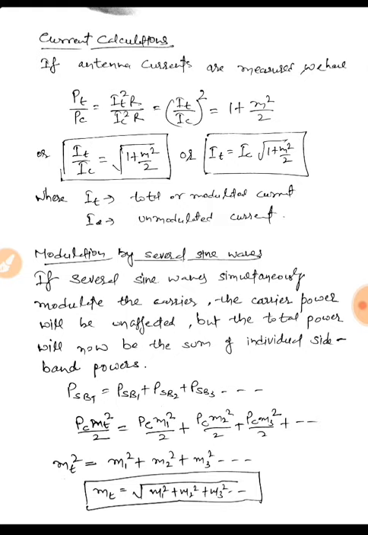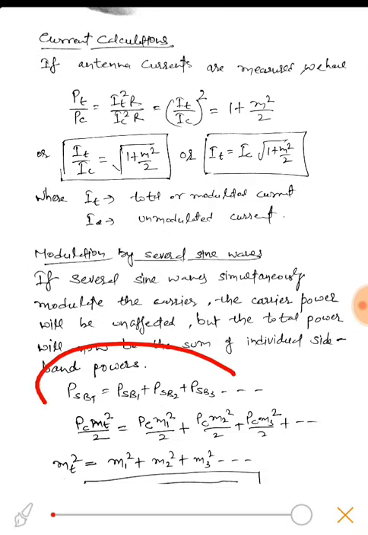Now if the modulation is done by several sine waves, that is, we have several message signals and we want to superimpose them onto a single carrier, how would the modulation index or the power look? The total sideband power would be equal to the sum of the sidebands of all the message signals.